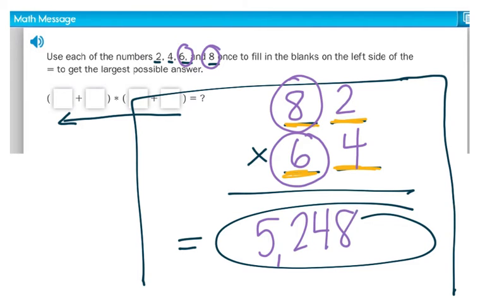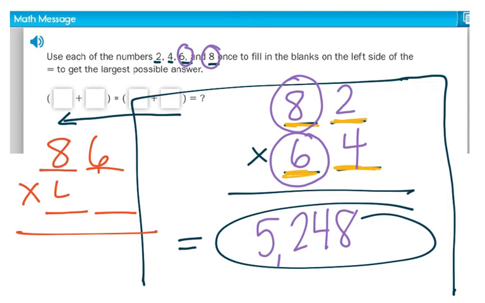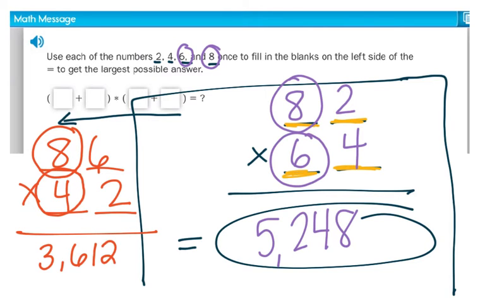5,248. Now, I'm wondering which one of you maybe said, oh, I'm going to make this 86 and this one 42. Let me just show you the power when the largest numbers are in the tens place, because 86 times 42 is 3,612.